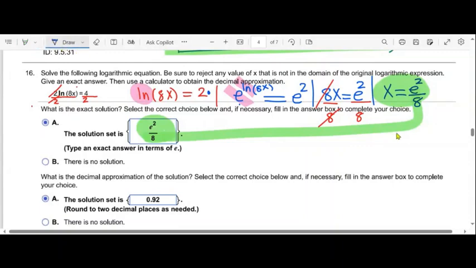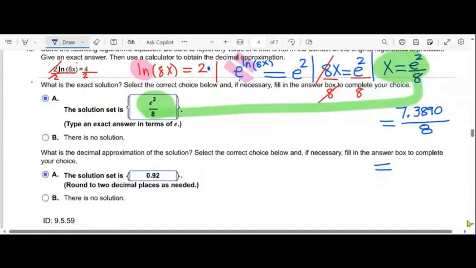I'm sorry, say again. 7.3890 divided by what? By 8. How much will this give you? 7.3890 over 8 will give us 0.9236.